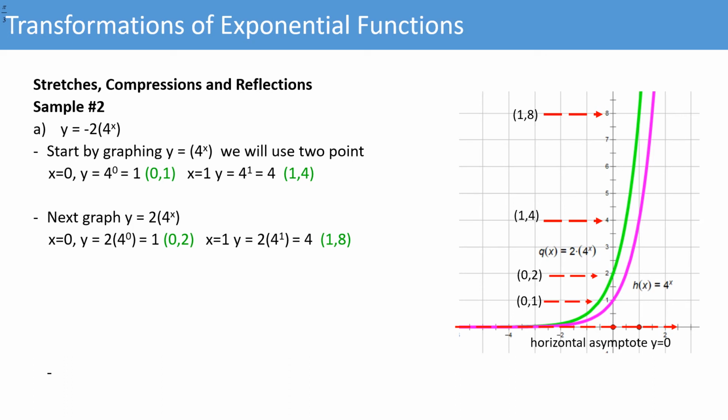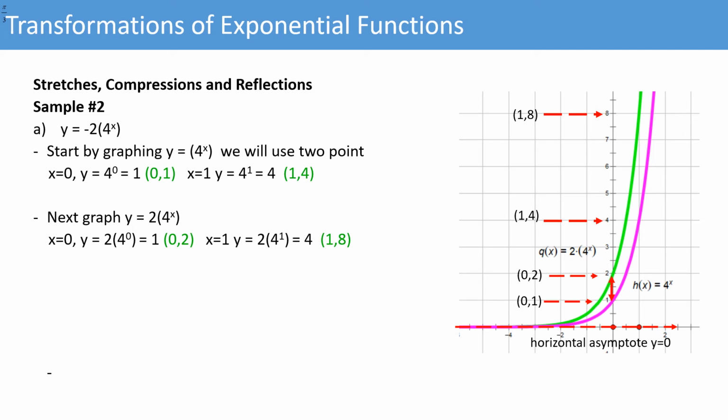So let's calculate our 2 points now to show you what has happened. When we substitute in 0, we will now get the value 2. And when we substitute the point 1 for x, we get 8. So now we have the (0, 1) moving up to (0, 2).